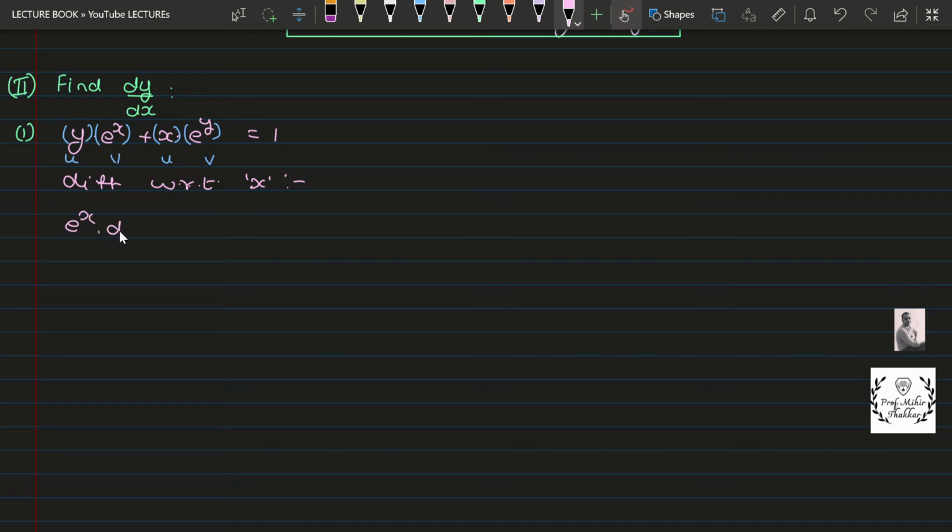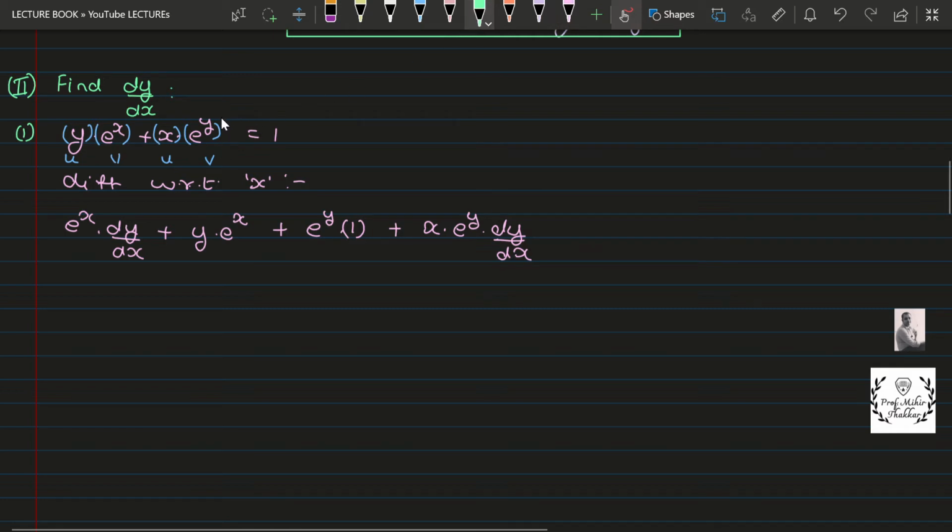So e raised to x dy by dx plus y into derivative of e raised to x, which is e raised to x, plus for the next term again e raised to y into derivative of x, which is 1, plus x into e raised to y derivative of e raised to y, which is e raised to y into dy by dx.